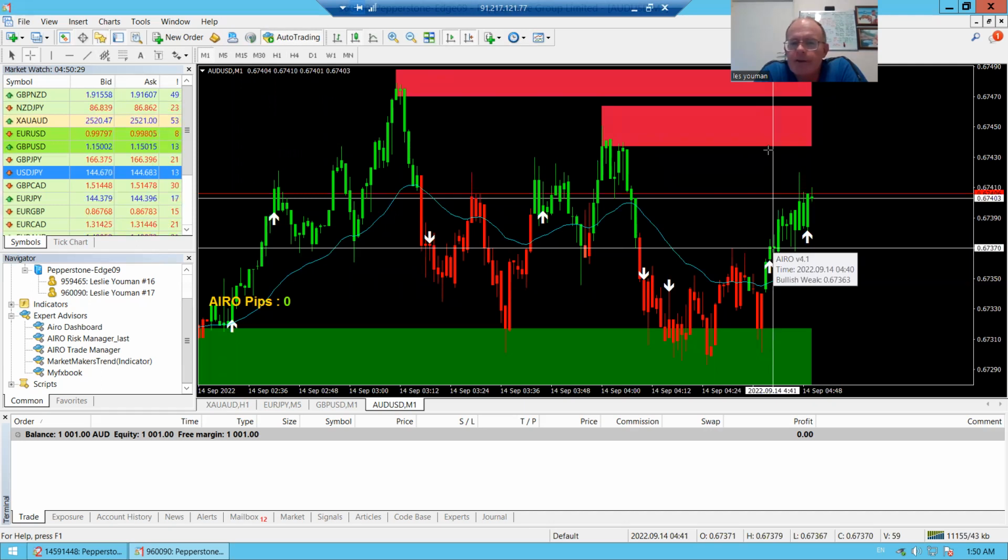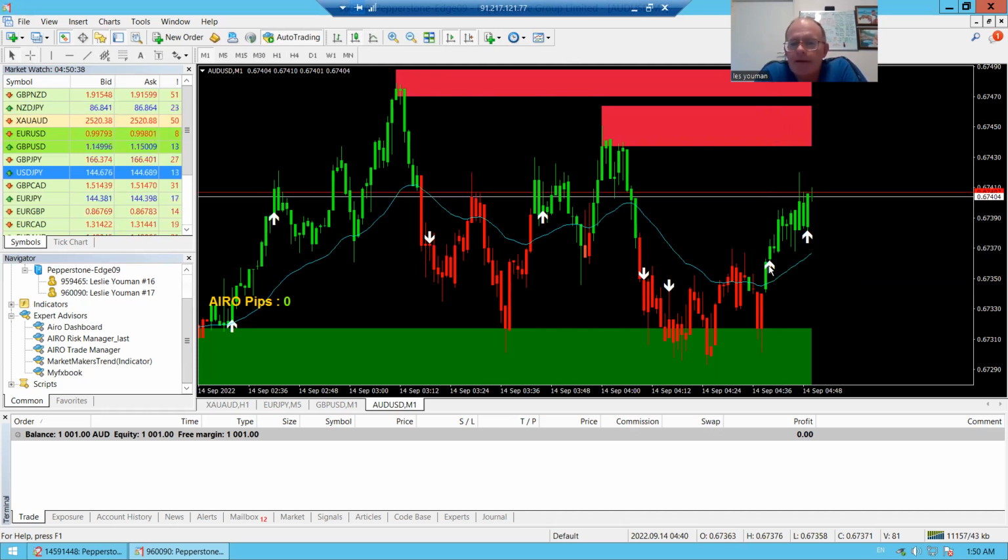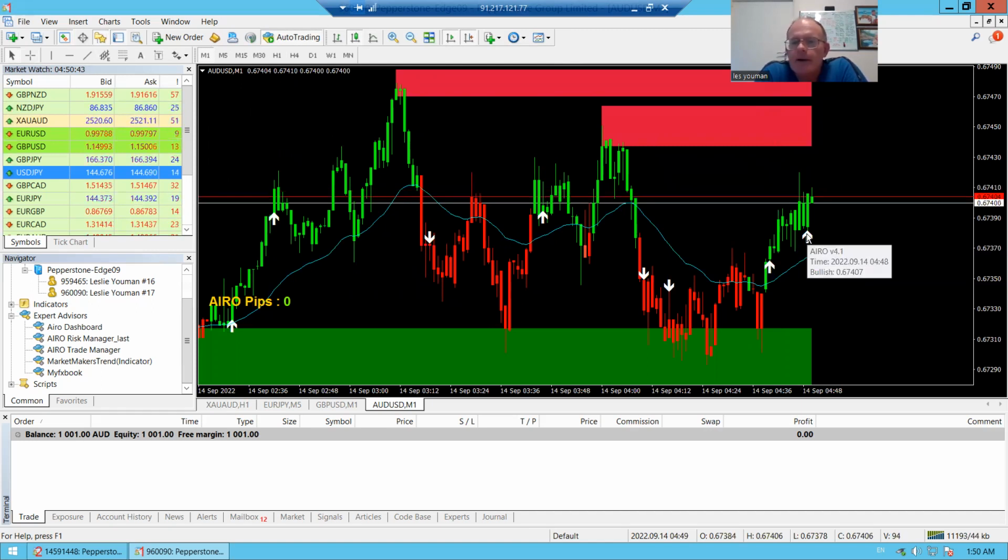So the distance to there is only 65 points. So I don't think that would have been a trade. We missed that one though, because we were talking before, but we've just got another arrow. But the distance to resistance is even less now. So that wouldn't be a trade I would take.